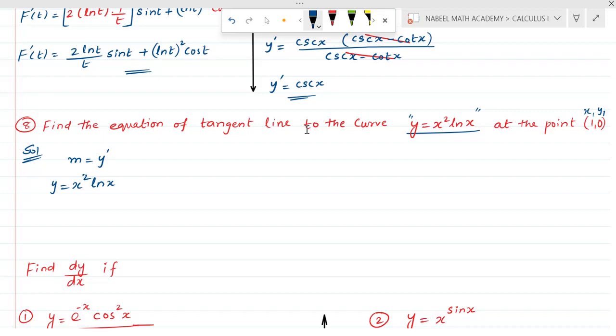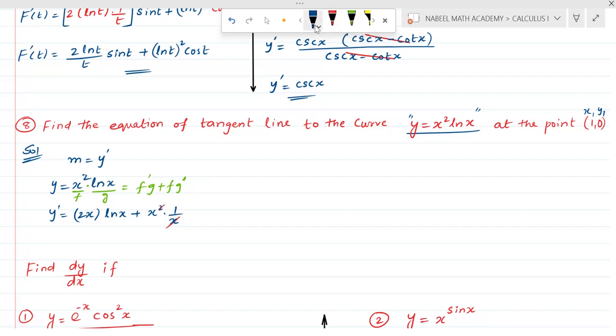I want to calculate the y prime. This is f into g again, so what is the rule? f g prime plus f prime g. So it is 2x ln x plus x square times 1 over x. This cancels with this.